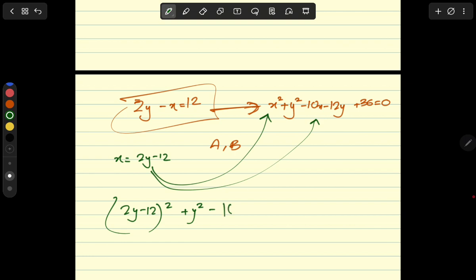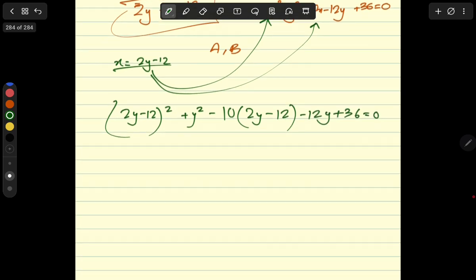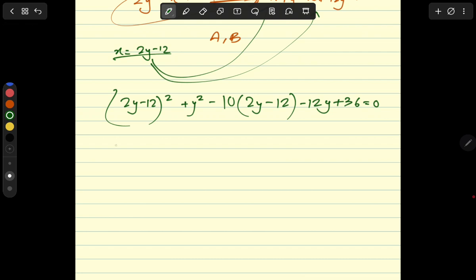Now plus y squared minus 10 times again (2y minus 12) from the equation of the line right here, and then plus 36 minus 12y, equal to 0. This is a quadratic, so it must give us two solutions, which are going to be the y coordinates of A and B both, right? So we are right now finding this and this.